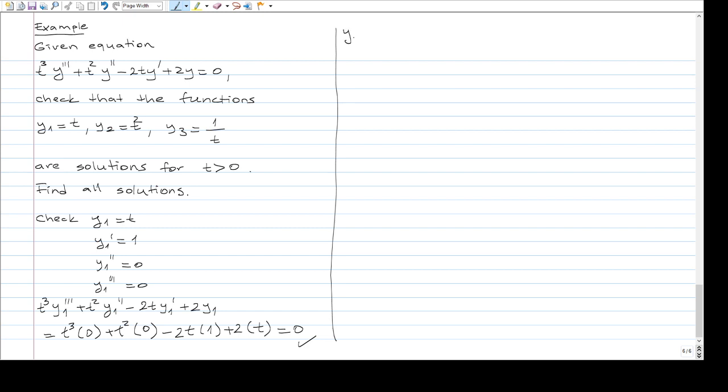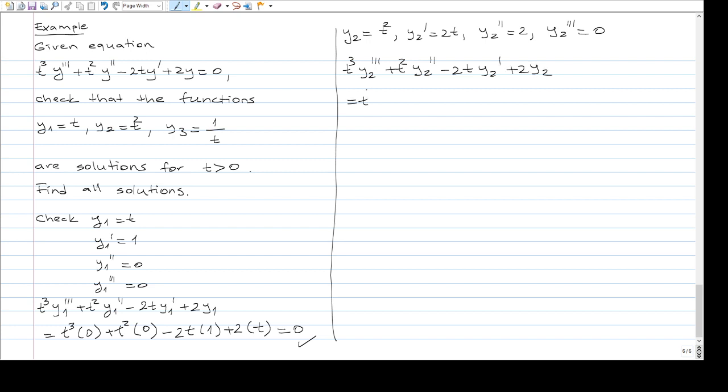So for y2, which is t squared, y2 prime is 2t, y2 double prime is 2, y2 triple prime is 0. So if you check the equation, t cubed y2 triple prime plus t squared y2 double prime minus 2t y2 prime plus 2y2.